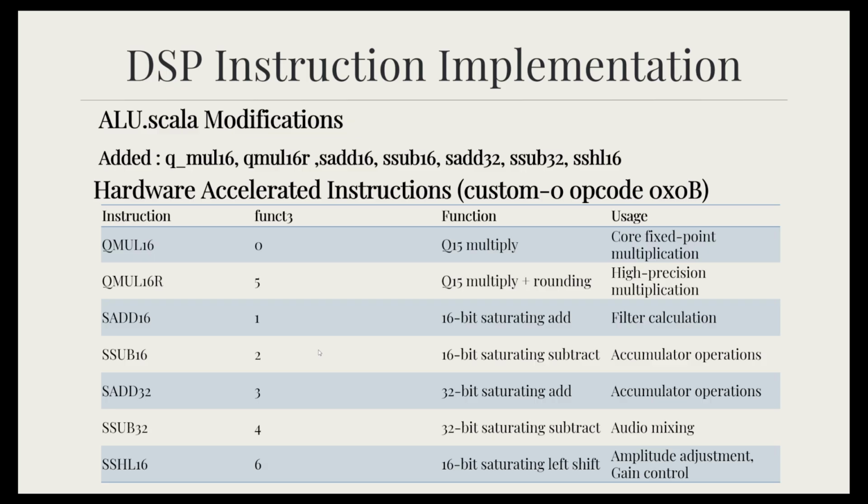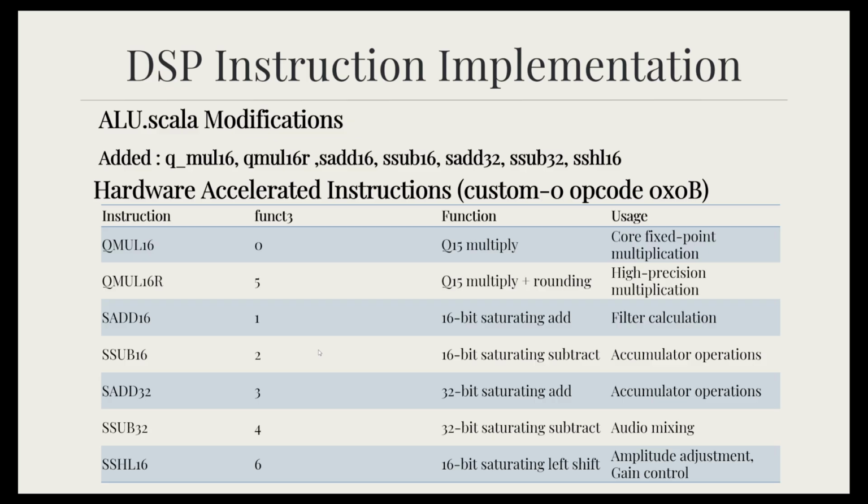Then I added saturating add and saturating subtract. This is important because when we mix signals or update filter state, values can exceed the normal range. If we do normal integer overflow, the signal wraps around and creates very harsh distortion.